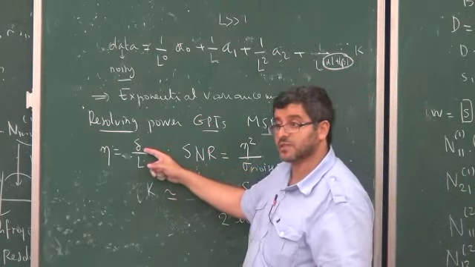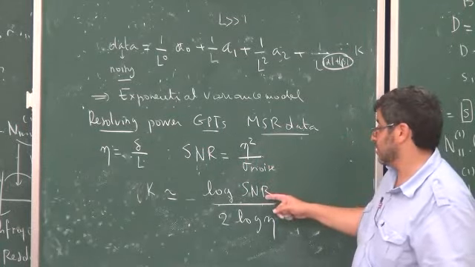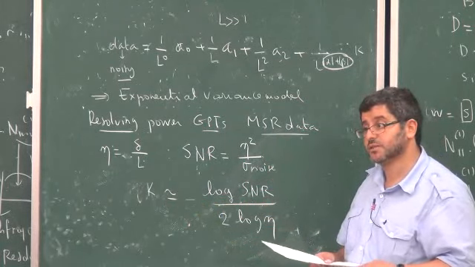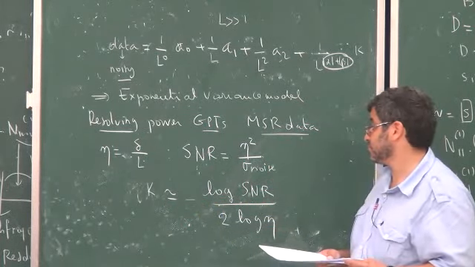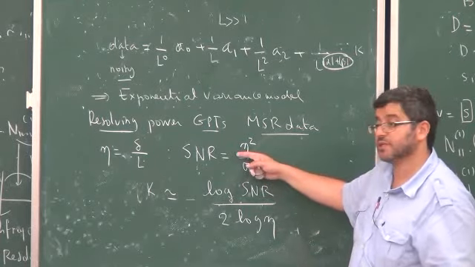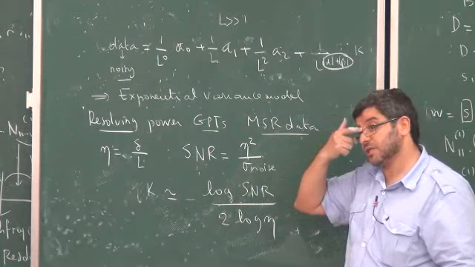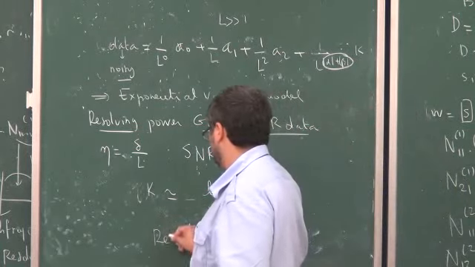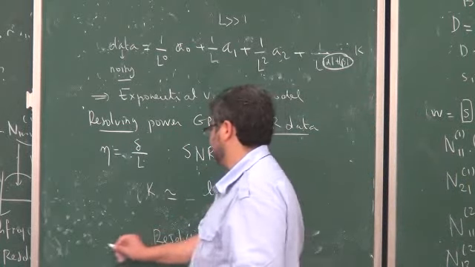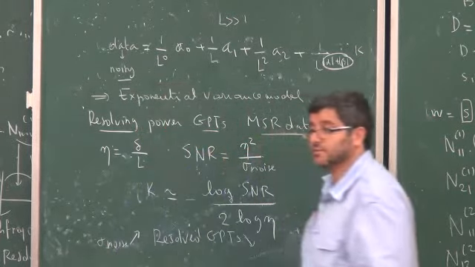If delta becomes larger, then the signal-to-noise ratio becomes larger, the log becomes larger, and K becomes larger. If the noise becomes larger, then the signal-to-noise ratio decreases, and then the number of reconstructed or resolved GPTs will decrease. So this one increases, this one will decrease. Good.